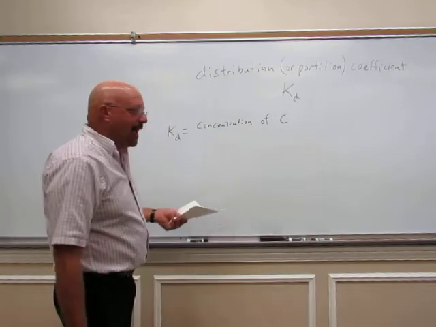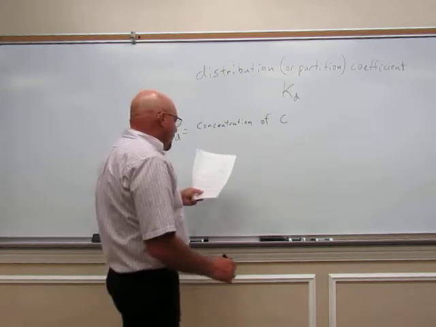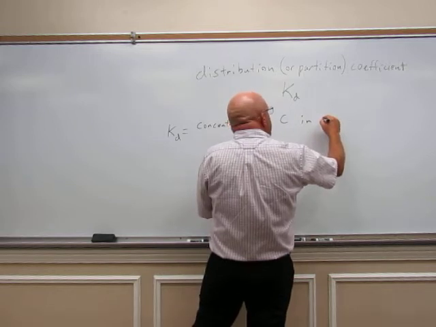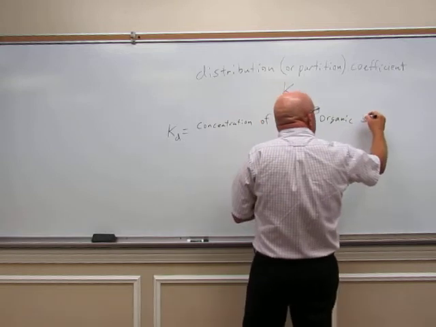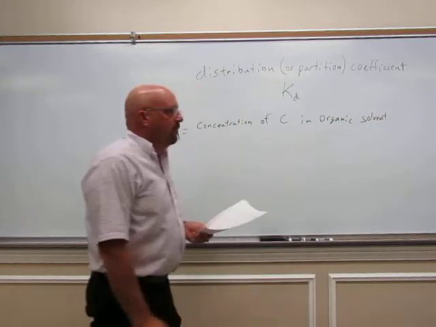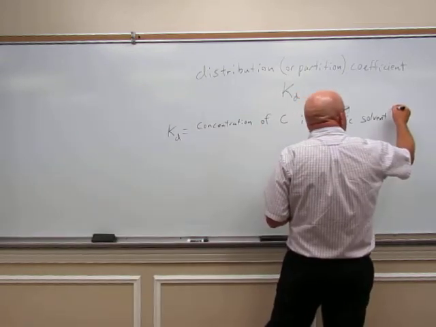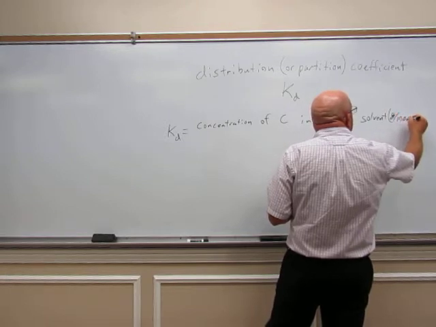Of course, it's benzoic acid this week, but I don't have enough room there. I'm just going to say compound C in the organic layer. Organic will be on the top here in our calculation. So in our organic solvent, concentration is typically given in grams per 100 milliliters.